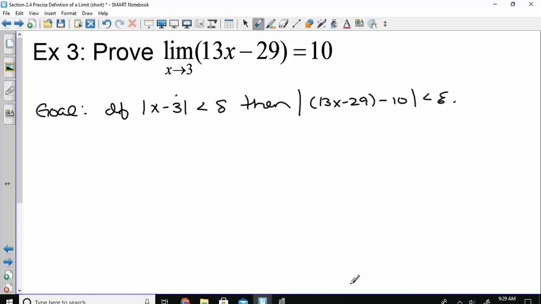So that's my goal. When I get that, I'm done. Second thing we do is our work. We have to figure out what delta can be.